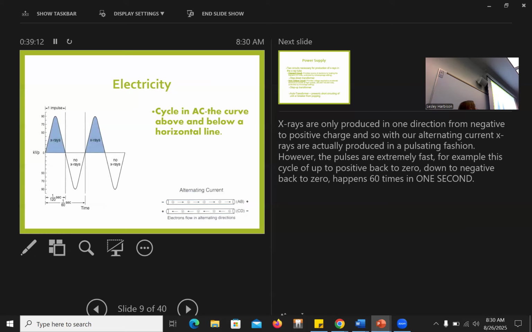It's a pulse, but it is so fast that it feels like a constant stream. In reality, it's stopping and starting, just incredibly fast. And this is what's happening when you push the button.